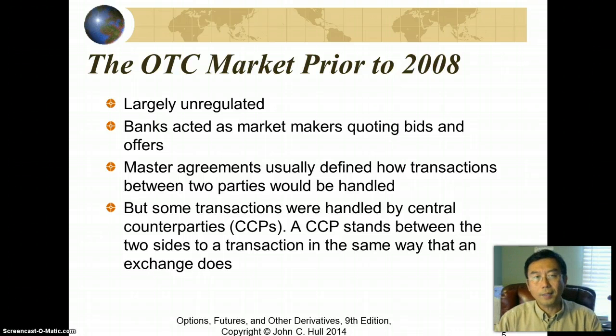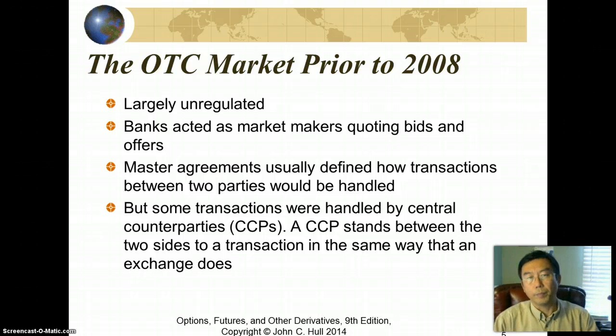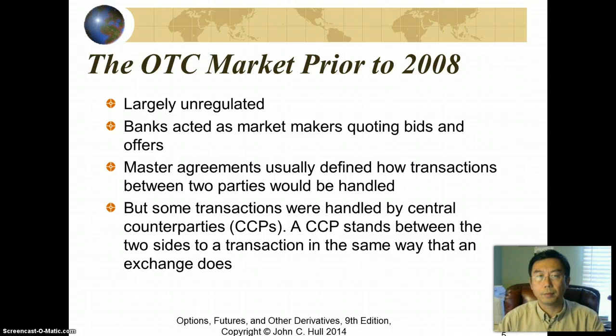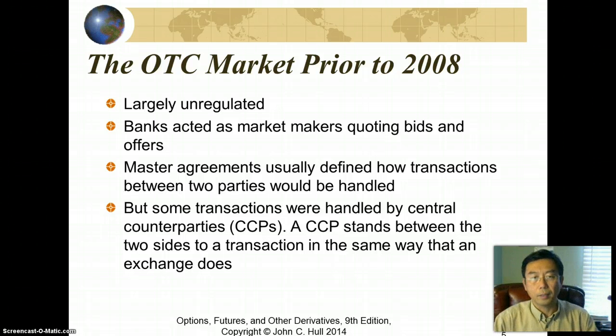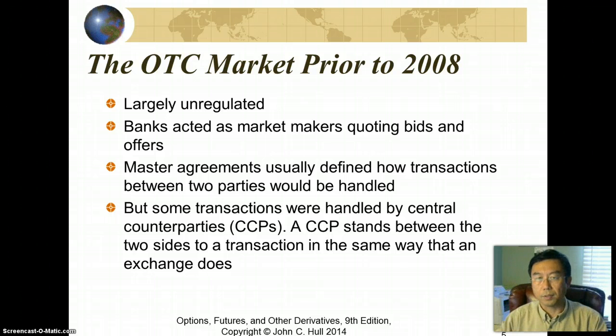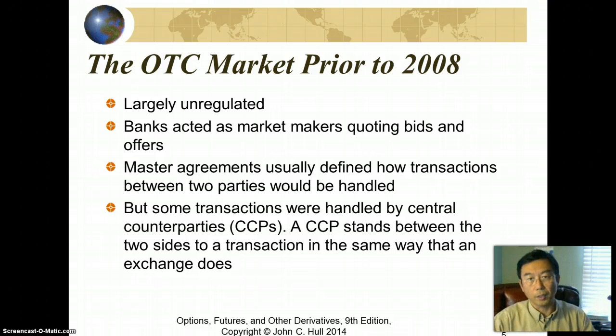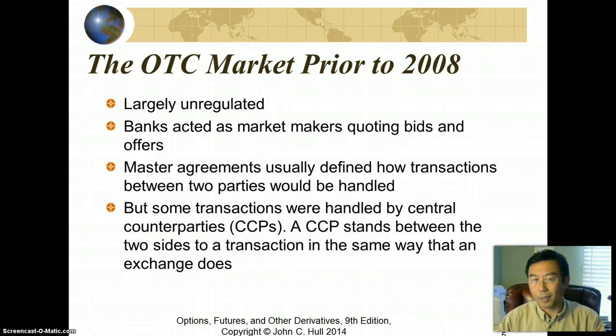The big banks can act as market makers. They quote bids and offers and then make things happen. Usually, if you want to make an OTC trade, you have to make a master agreement, which defines how transactions between two parties will be handled. But some transactions are still handled by so-called central counterparties, CCPs, not the Chinese Communist Party, but CCPs stand between the two sides to a transaction in the same way that an exchange does, but not regulated.